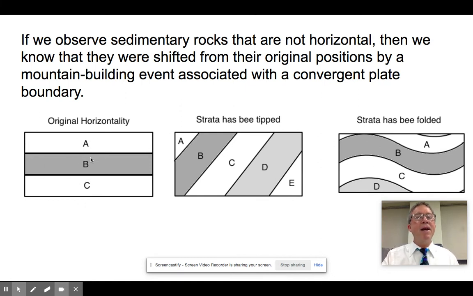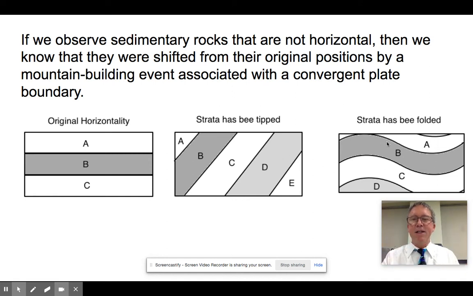But sometime after they got deposited, tectonic forces tipped them up. When I see rocks like this, they did not get deposited that way. They got deposited horizontally, the Law of Original Horizontality. But afterwards, tectonic forces bent them. And so now I just see this part over here, or maybe I see them completely folded up.